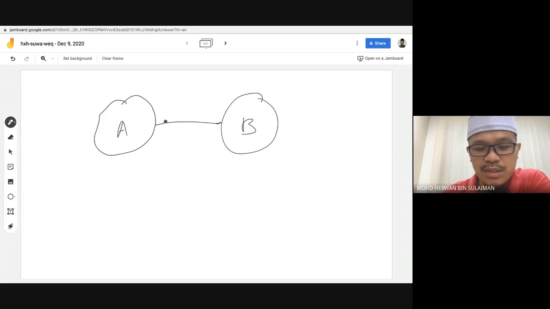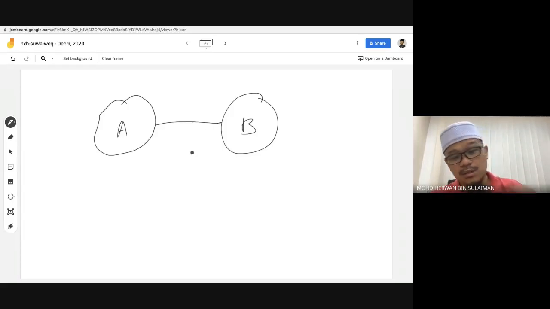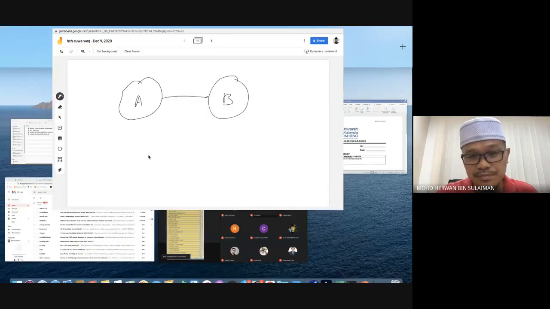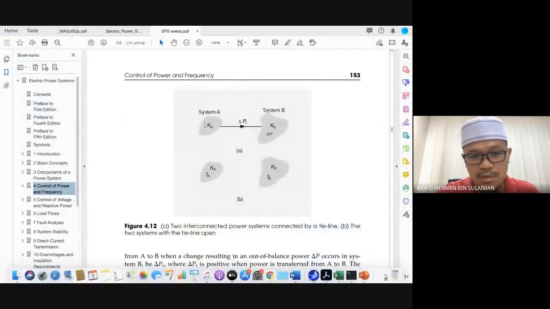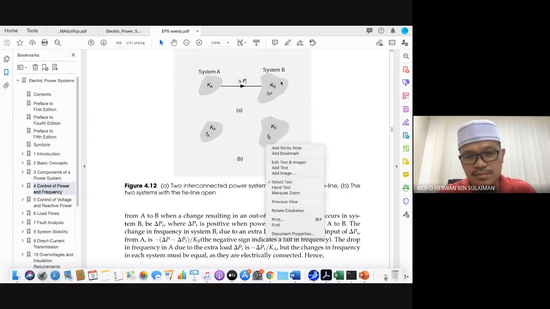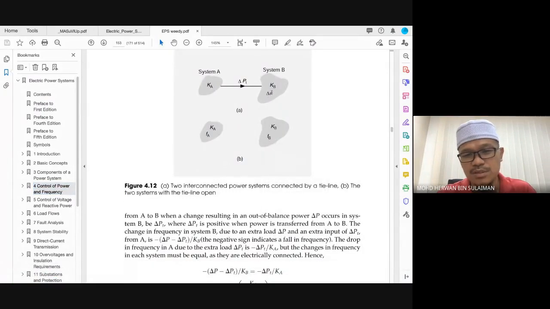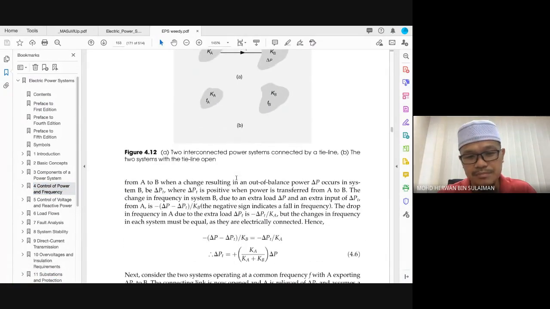This one is called the tie line. Just like I said previously, system A has a coefficient we call Ka, and system B we have Kb. Okay. For this example, there is a load change in system B.